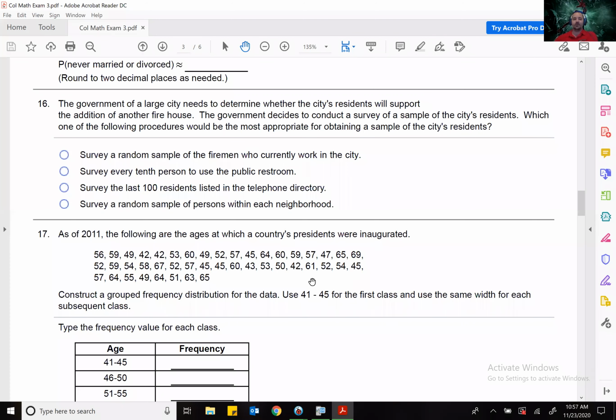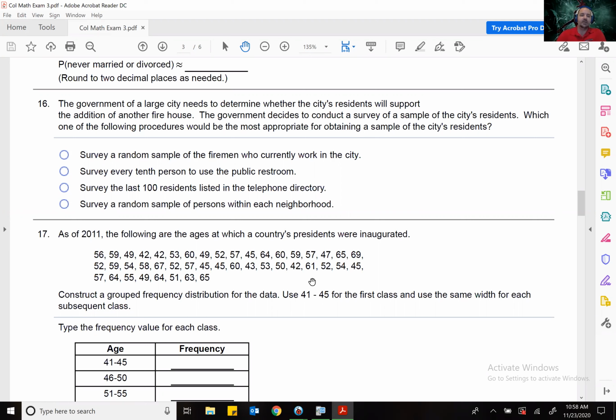There are some people out there that do not touch public restrooms. So they are not going to go in there and use it. And that's a little weird to be asking people that are coming in or maybe out of a restroom about whether they think we should build another firehouse.